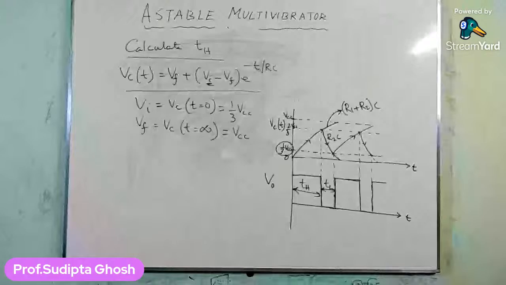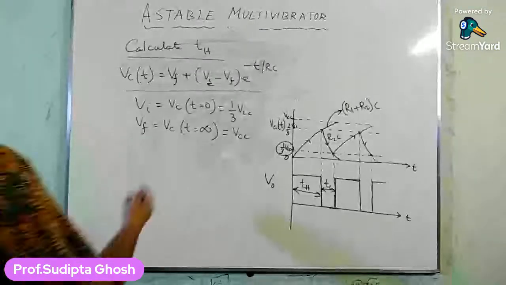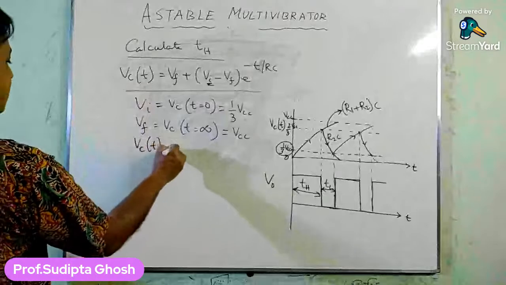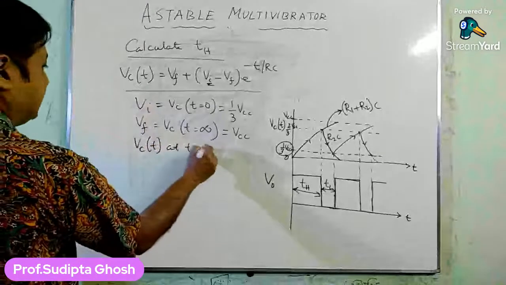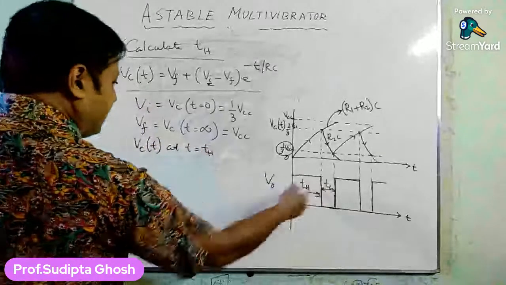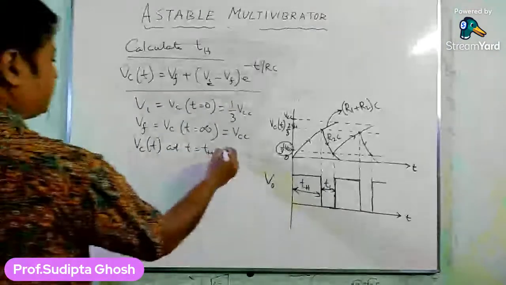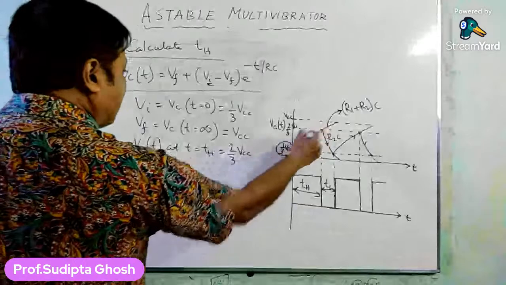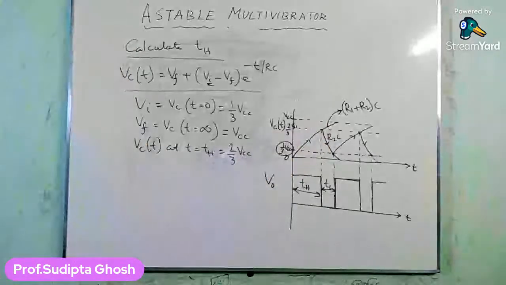Okay, so at time t equals th, what is the value of VC? At time t equals th, that is at this particular time, the high time, the capacitor voltage is nothing but 2/3 VCC.